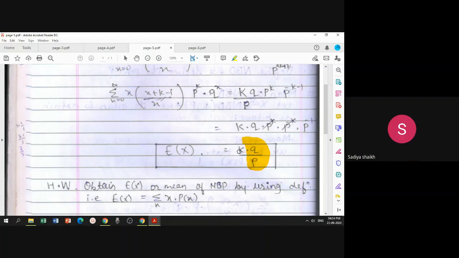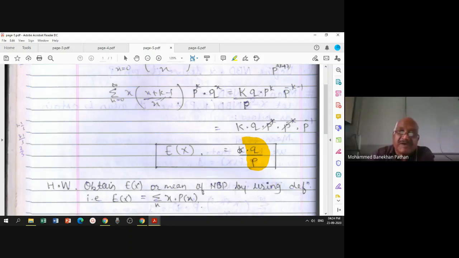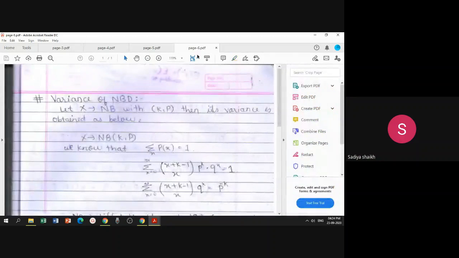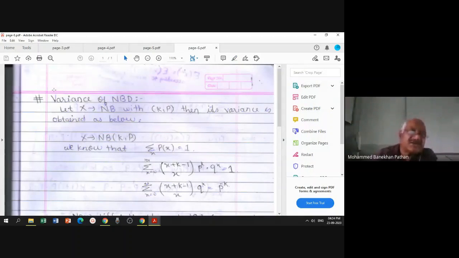Q by p square is the variance of geometric. So what should be the variance of NBD? Just multiply by k. So the answer will be k times q by p square. We'll try to derive how we can get the variance of NBD as k times q by p square. This derivation we'll study tomorrow.